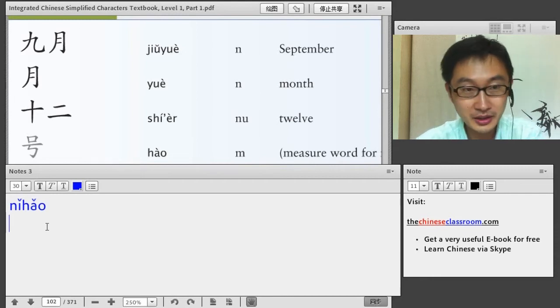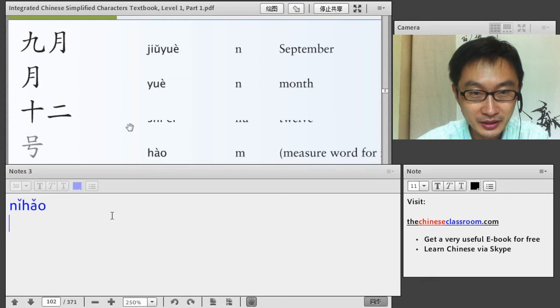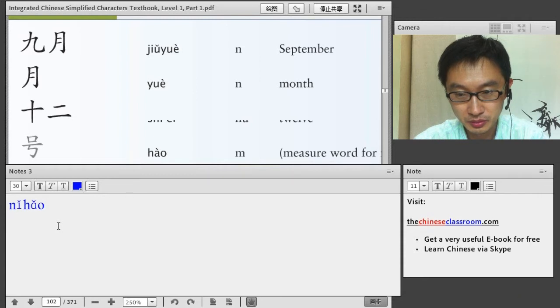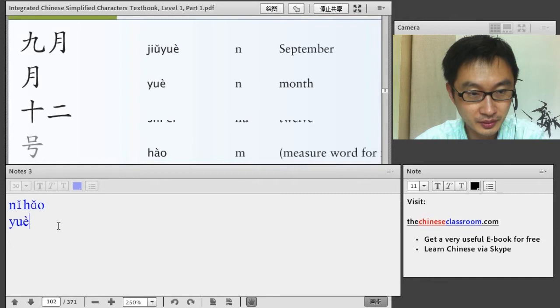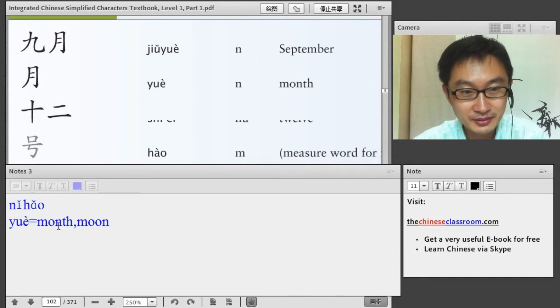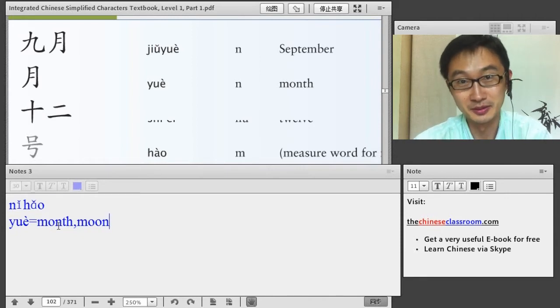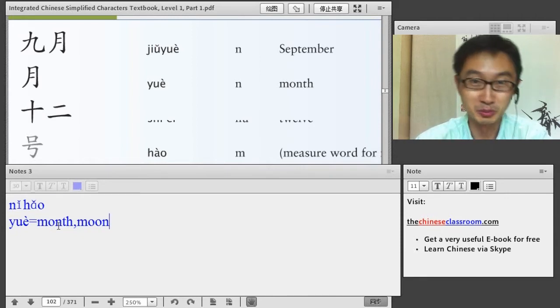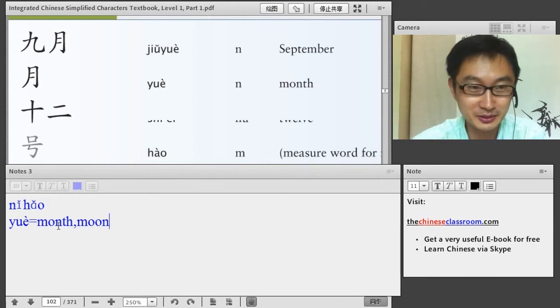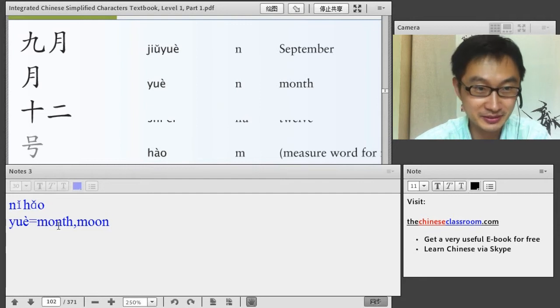Okay, here, if you look at here, 月 means months, or moon. Basically, it's a moon, because the moon going around one circle is 1 month, so it also got the meaning months.